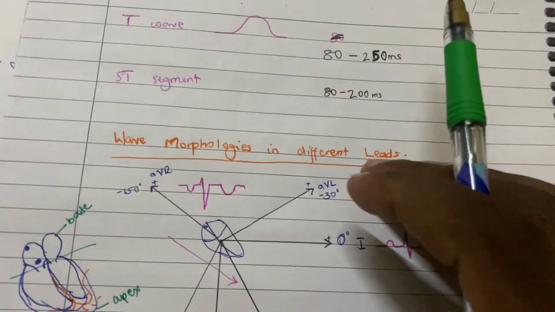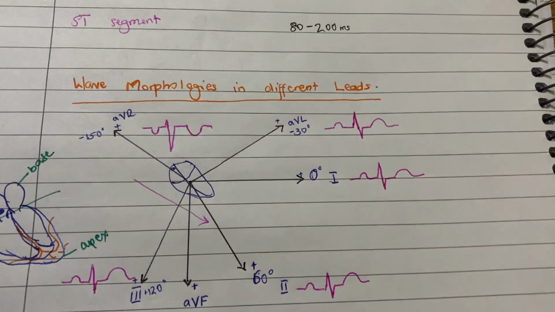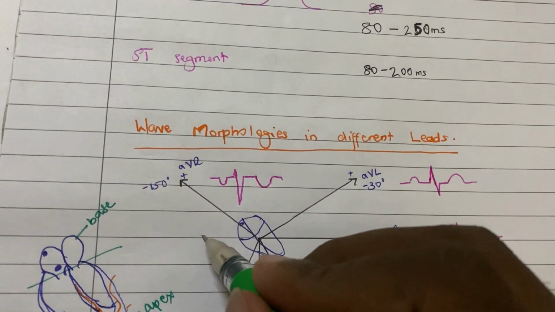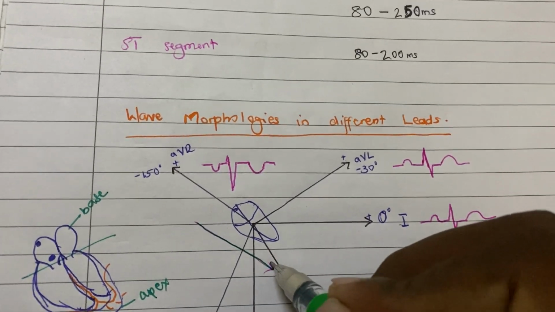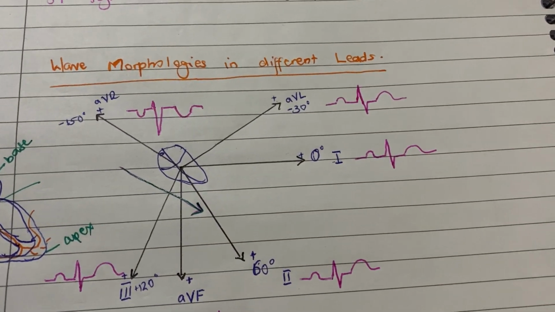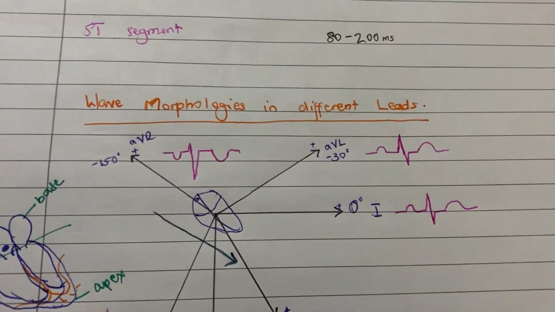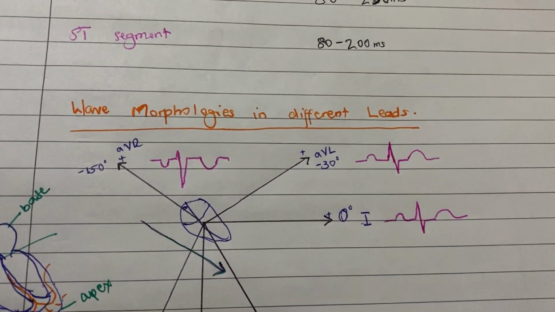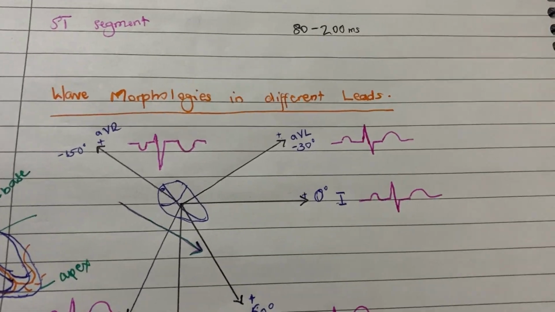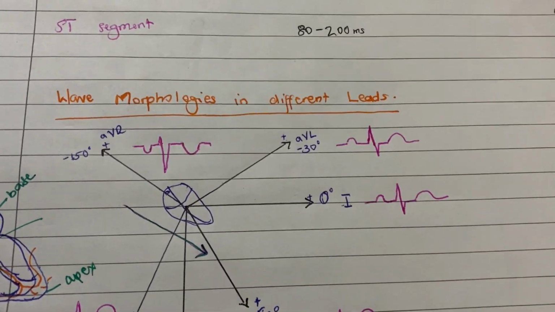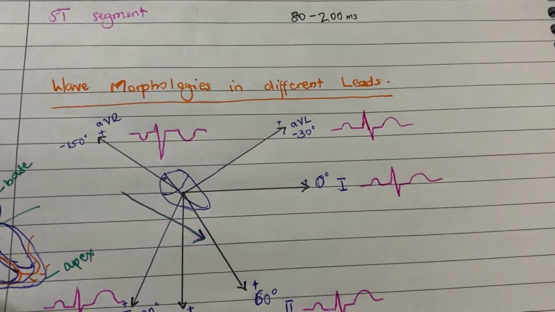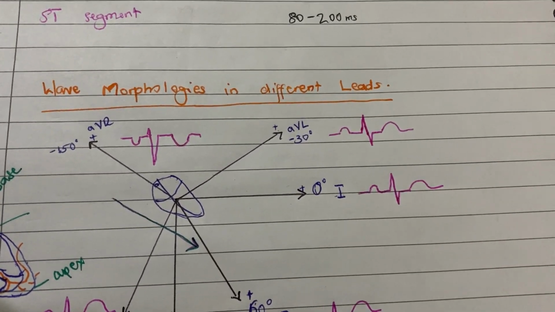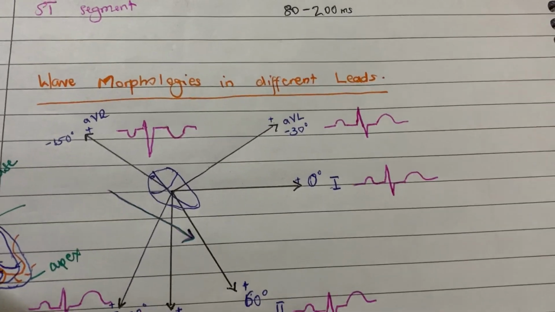And from here we can tell the normal axis. The normal electrical axis should occur in this direction, as we already indicated, depolarization in that direction. So the normal axis is determined by the highest positive R wave in any lead; the highest positive R wave shows the normal axis in limb leads.